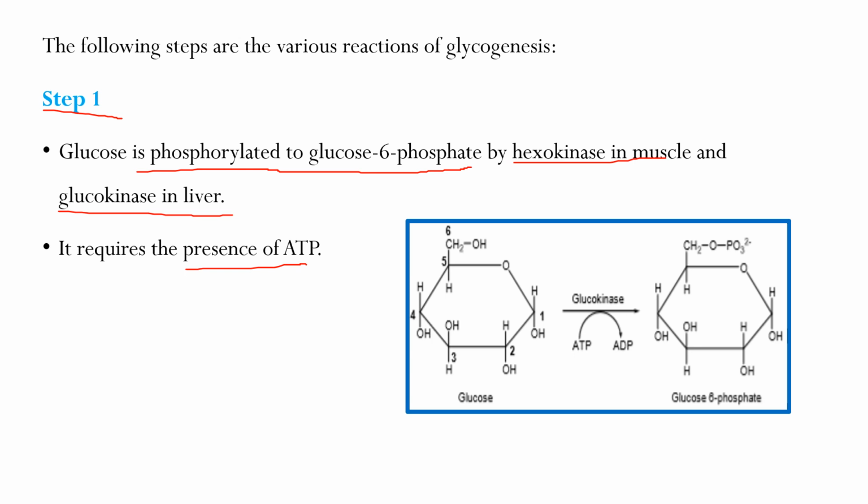Here glucose is here and there is ATP, then one phosphate from ATP is taken by this glucose molecule and it is attached on its carbon number 6. Therefore, in step 1 of glycogenesis, glucose 6-phosphate is formed from glucose and this ATP molecule.